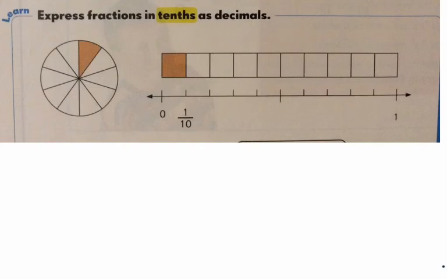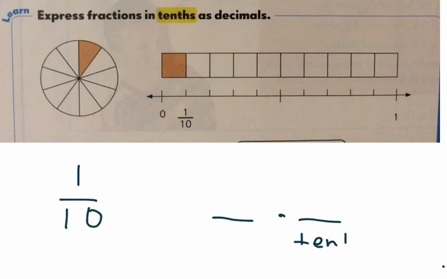So, as we've been doing in the past, we know we write our fraction as 1/10. We can also write that, just as I was showing you before with place value, with a decimal point. And if you remember, we said this is the tenths place. So in this case, if we had 1/10, we would put a 1 in the tenths place.